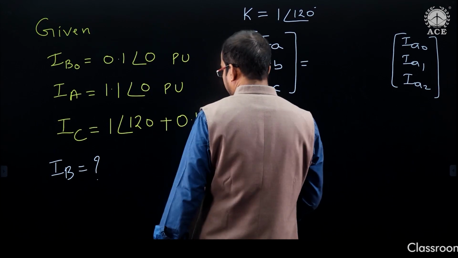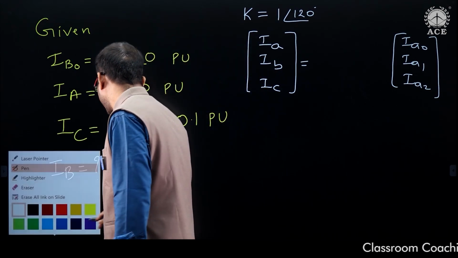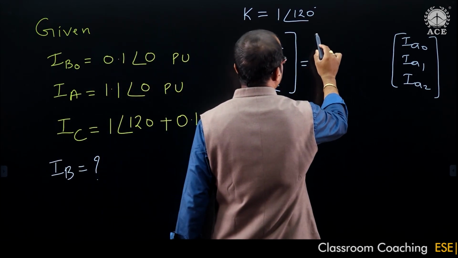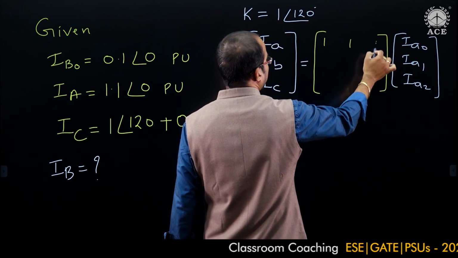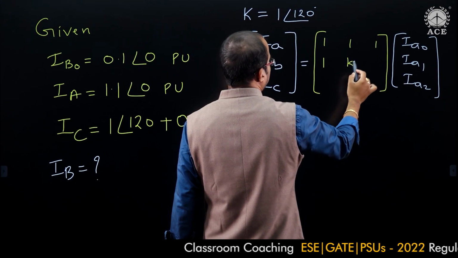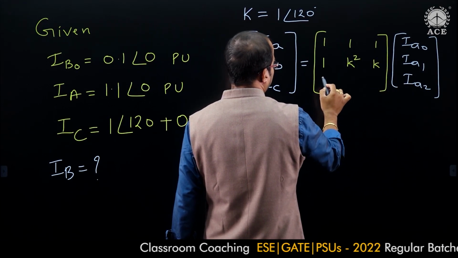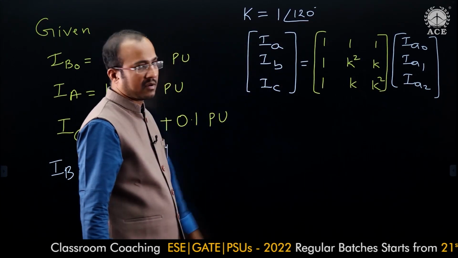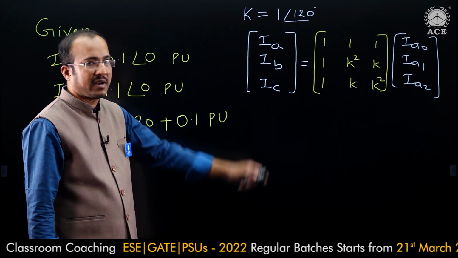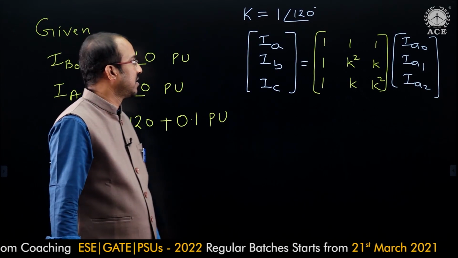So, here we can write the matrix 1 1 1, 1 k square k, 1 k k square. Here k is an operator with a magnitude of 1 and phase of 120 degrees.